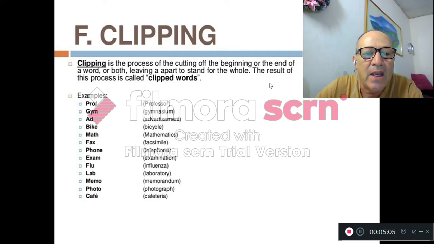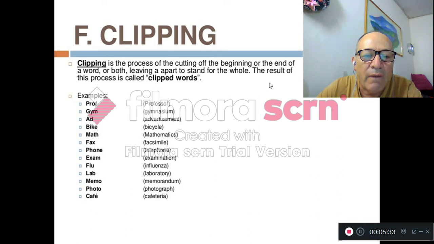Let's go to see influenza. We are cutting the end of the word and the beginning of the word. The result is flu. Let's go to see laboratory. We are cutting the end of the word and the result is lab. Let's go to see memorandum. I'm cutting the end of the word, the result is memo.